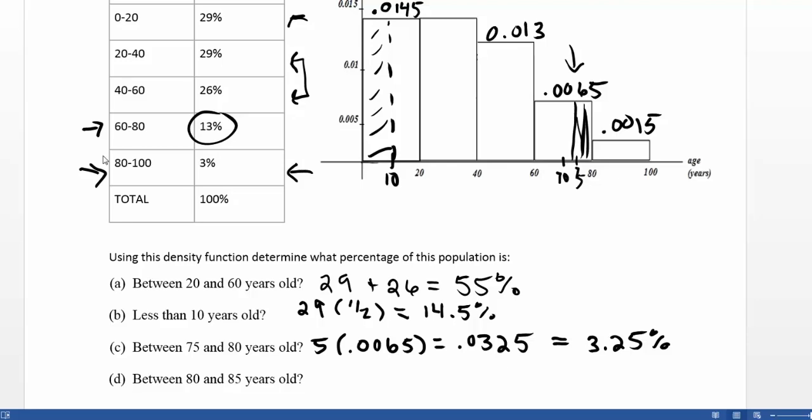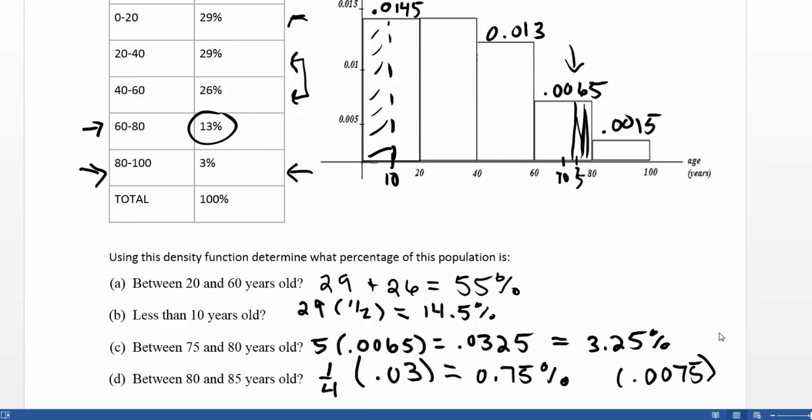So 5 out of 20 is 1/4 times the percentage of the population that is there, which is 3% or 0.03. When we multiply those two things together, we are going to get 0.75%. Or if you had done that as a decimal, that's 0.0075. So it's very small.